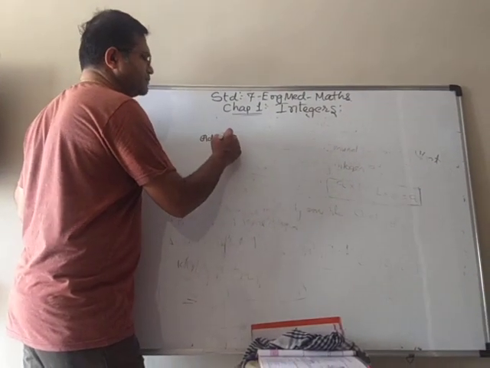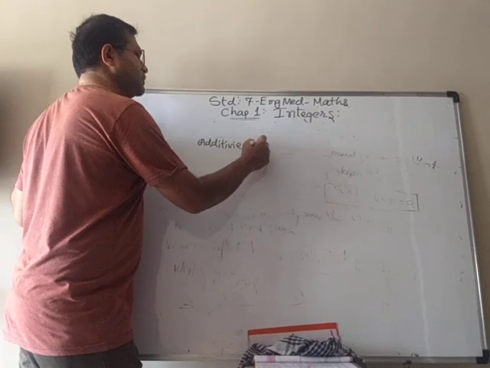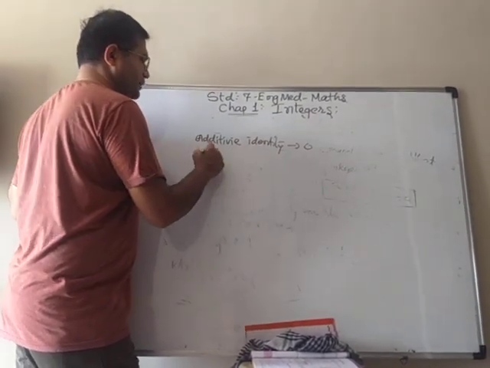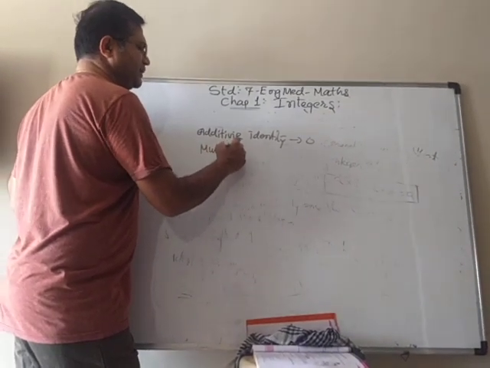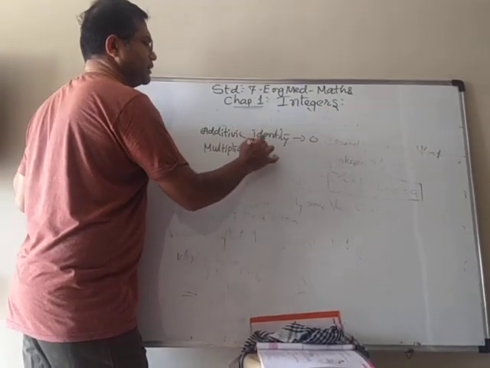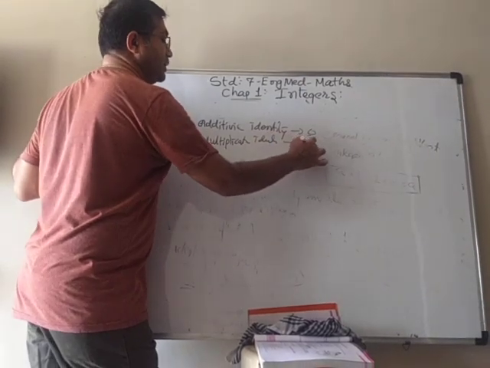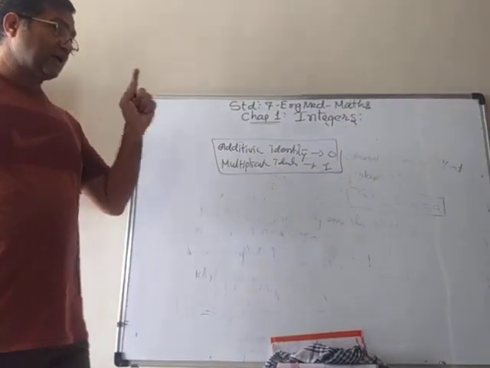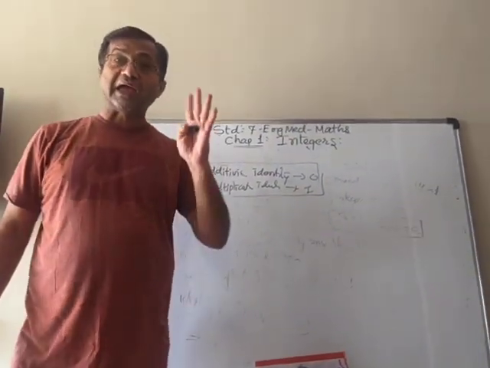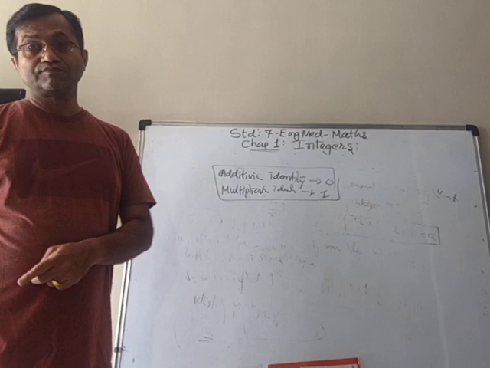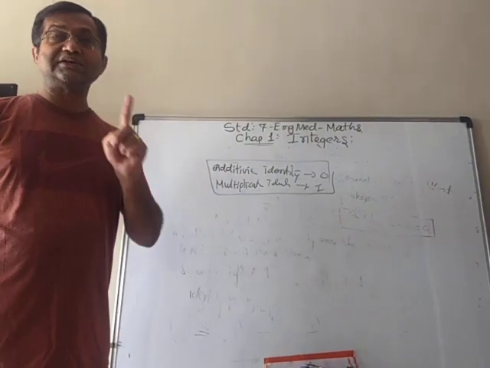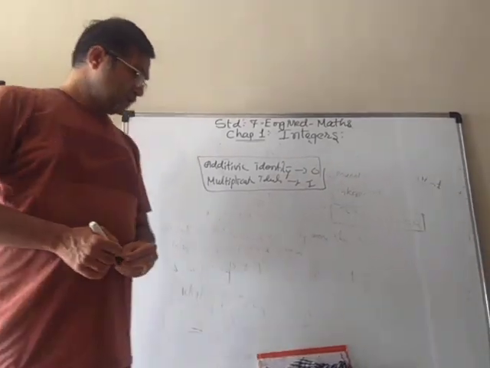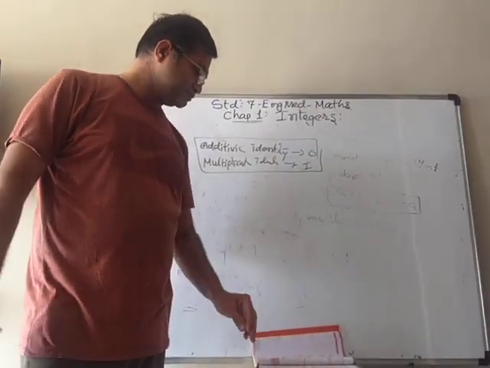Additive identity is only 0 and multiplicative identity is 1. So keep that fixed in your mind: additive identity means 0, and multiplicative identity is 1 for any integer. I think that is clear in your mind.